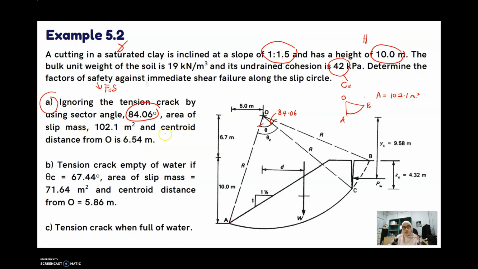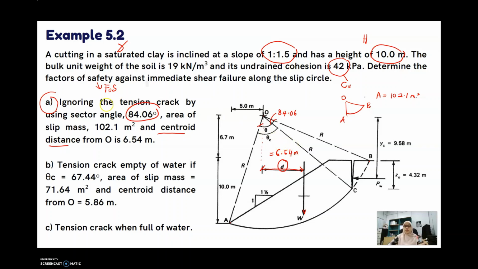The centroid distance from O is 6.94. Where is the location of the centroid distance? It is from O to W, that is D, which is equal to 6.54 meters.